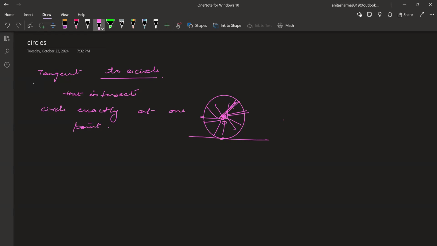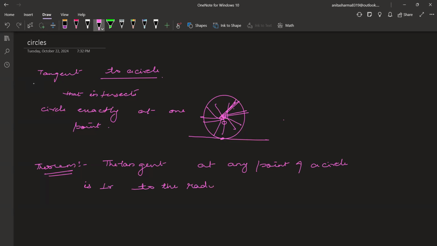Now next is a theorem, and this is quite an important theorem: the tangent at any point of a circle is perpendicular to the radius through the point of contact.